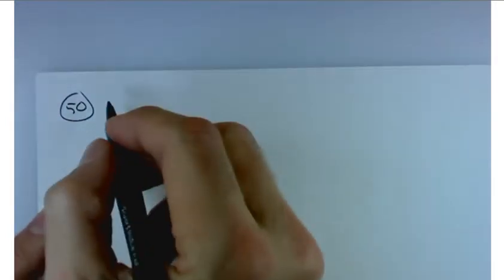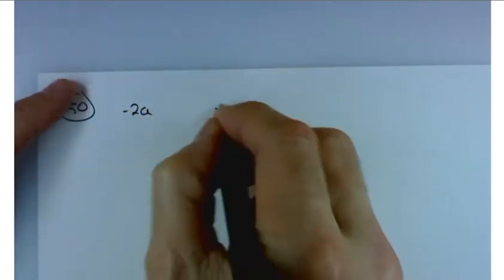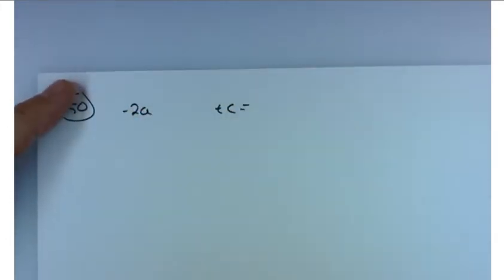Okay, so problem number 50 is this. Negative 2a plus c equals 2.